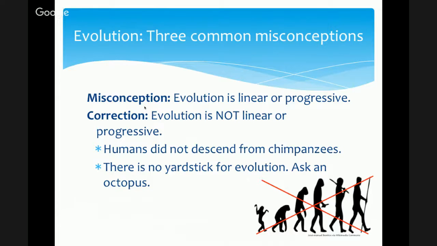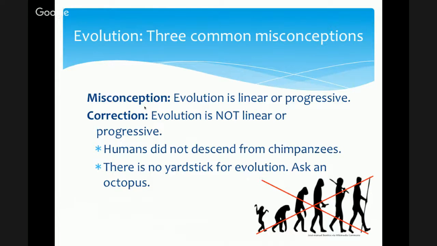And in terms of it being progressive, there's no yardstick for evolution. We tend to think that our giant brains and our ability for complex speech and our social structure make us the best. We're always on the right of these progressive linear diagrams. But I think that an octopus's ability to change texture and color on a dime is amazing. Which is better?